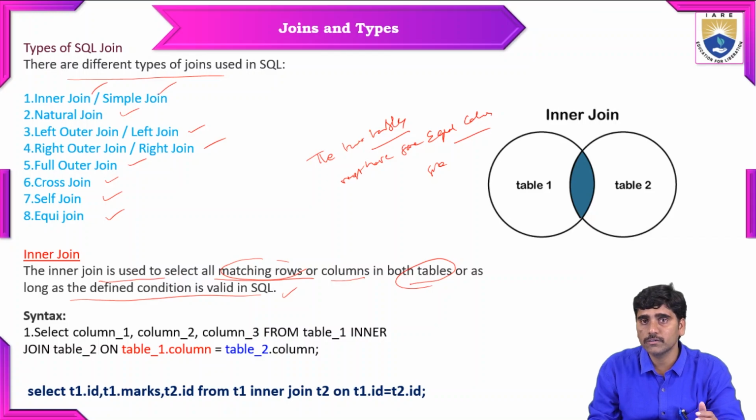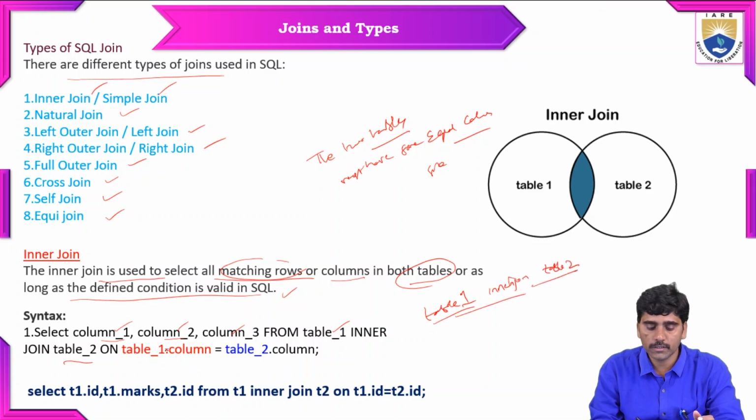The syntax we write here: select column 1, column 2, whichever columns you want, from table 1 inner join table 2. We need to mention table 1, then the type of join, inner join, then table 2.